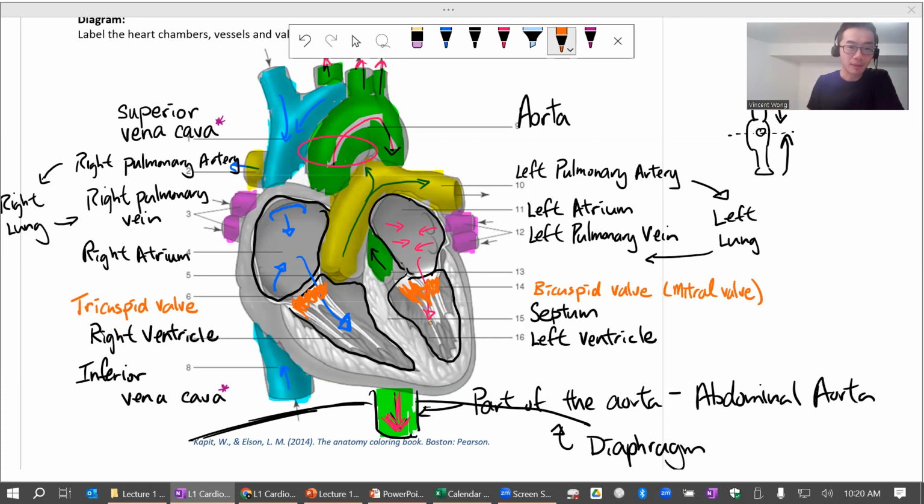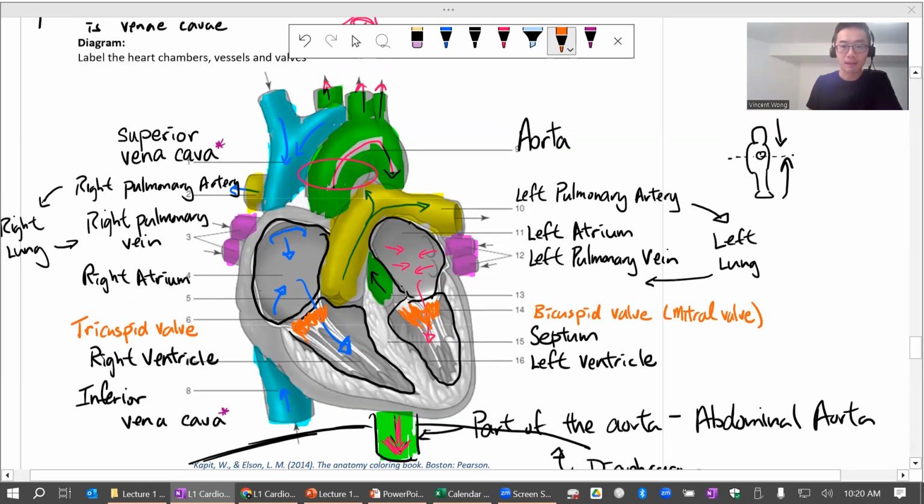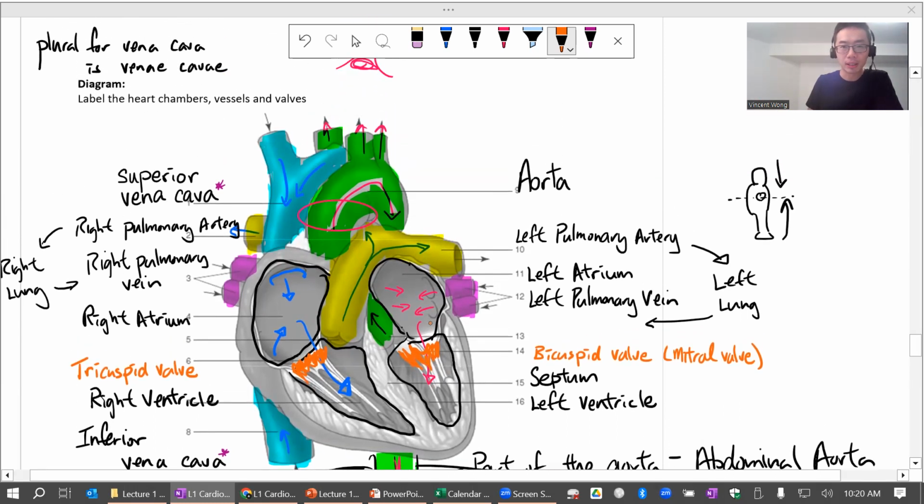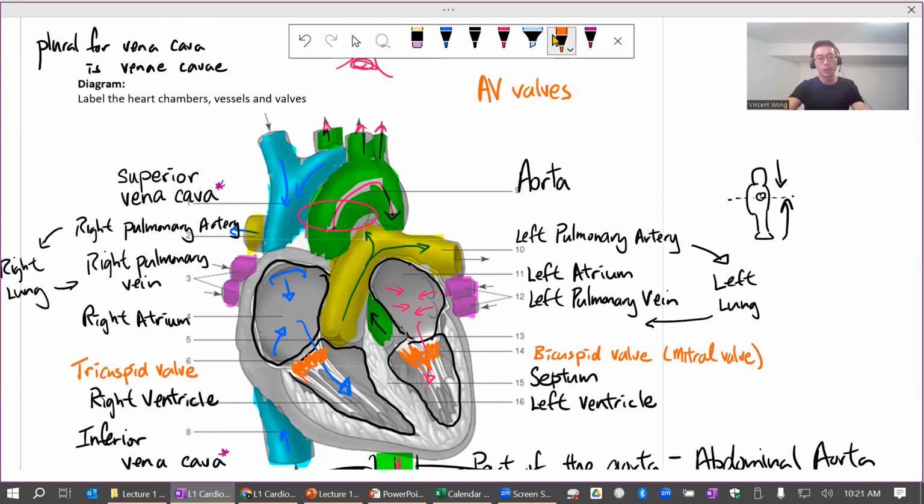We have the tricuspid valve on the right side, and the bicuspid valve, also known as the mitral valve, on the left side. Together, these are the AV valves. What do they do? They prevent the blood from going back to the atrium.